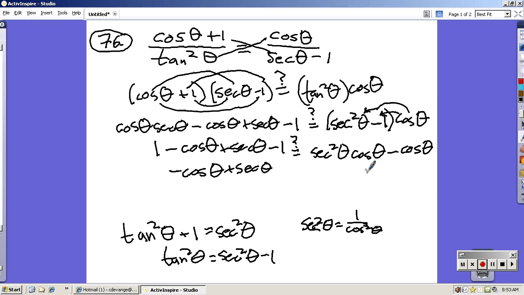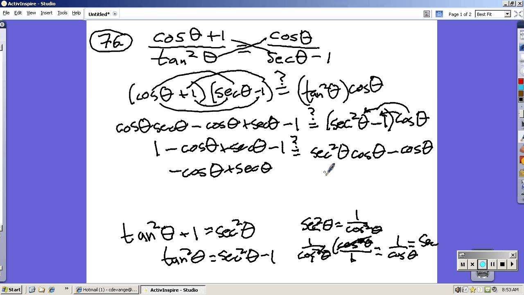So if I multiply this by cosine, it cancels out one of these in the denominator. 1 over cosine squared times, oh, no, just times cosine. It's just times cosine, over 1. That cancels out one of these, leaving me 1 over cosine. And I know that 1 over cosine is secant.